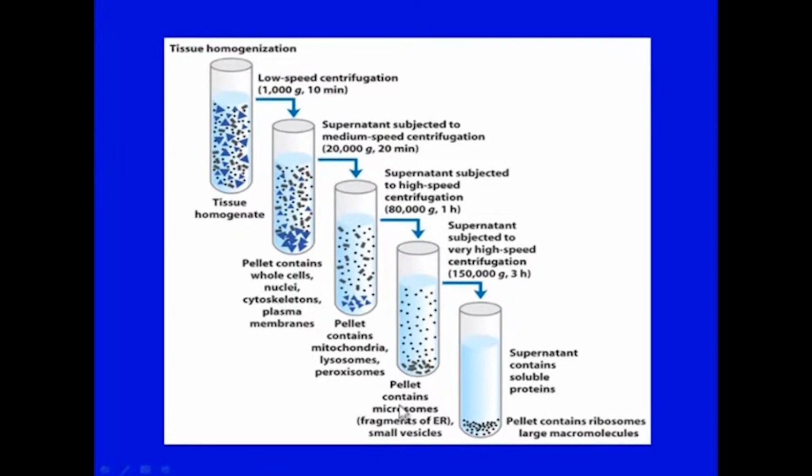Again you will get a pellet which is partially pure, so it has to go through resuspension and recentrifugation to get a reasonably purified sample. The supernatant here will be taken in a separate tube and centrifuged at a much higher force, say 80,000 G for 1 hour.